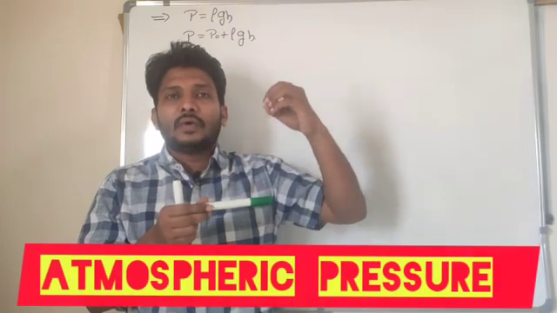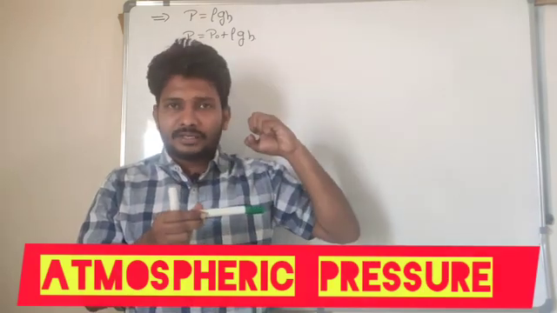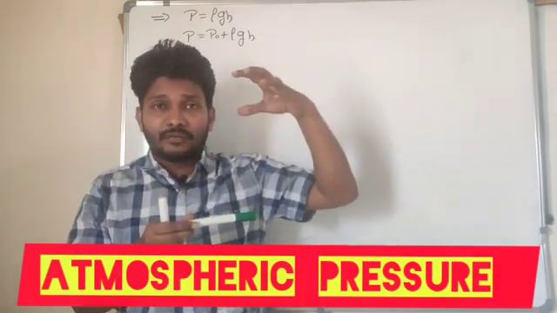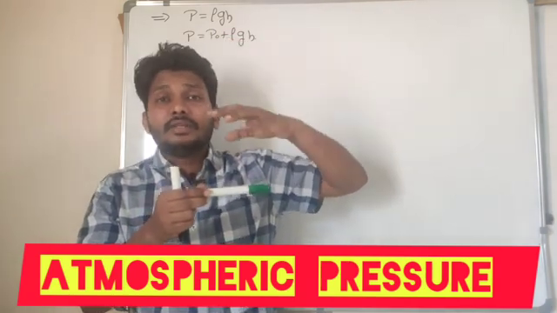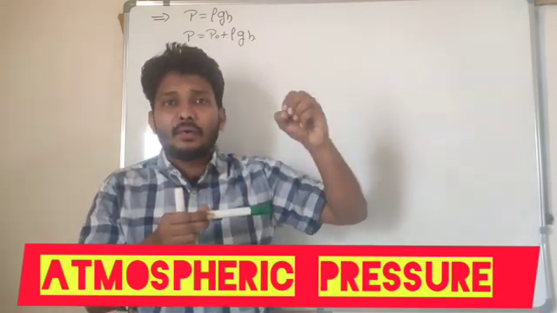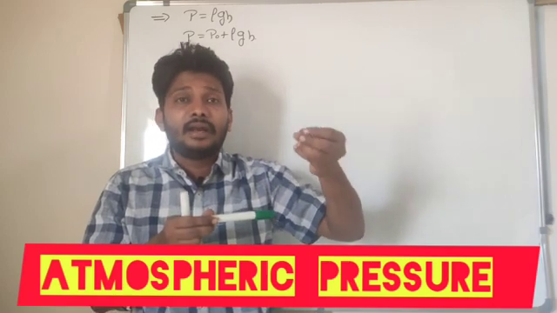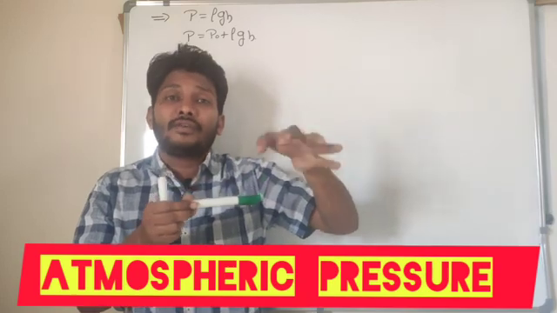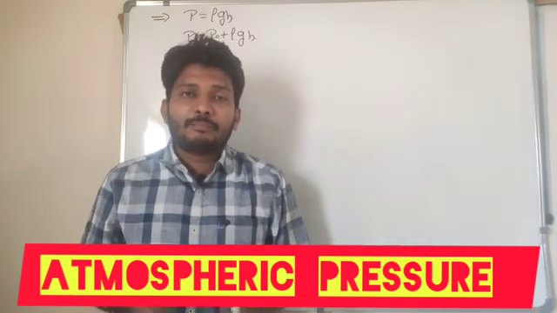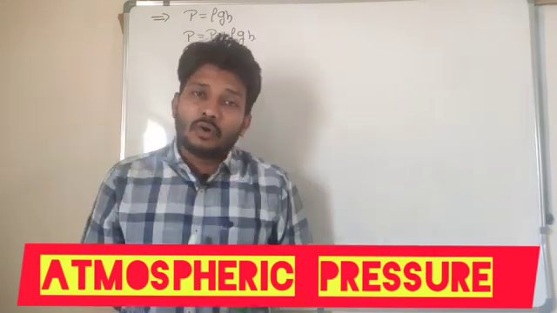The atmosphere consists of air, and the force exerted by the air on the body is perpendicular to the surface of the body. That kind of pressure we call atmospheric pressure.